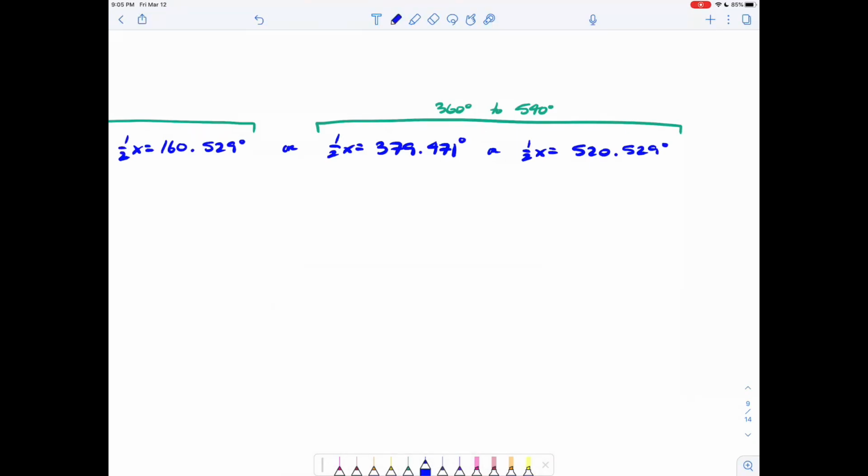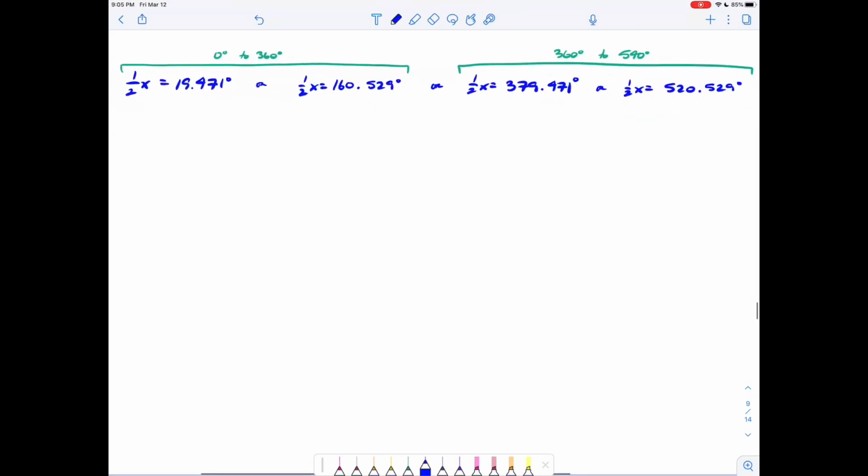We just need to finish off by saying what x itself is. So for this first case, x could be, I'm multiplying that by 2, so 38.942.